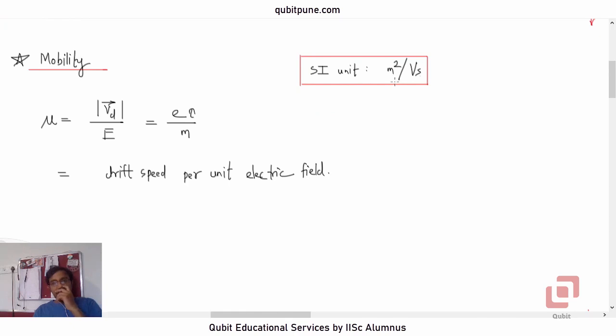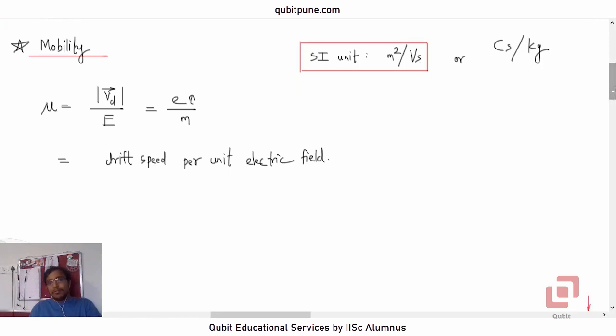You can remember it that way, or you can also remember it as coulomb second per kg. Either of the two will work. Be careful in multiple choice questions. That's mobility. So the greater the mobility, you expect a better conductivity, right? The electrons are more mobile.